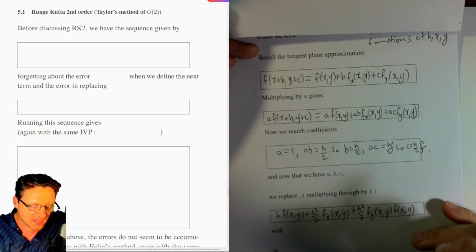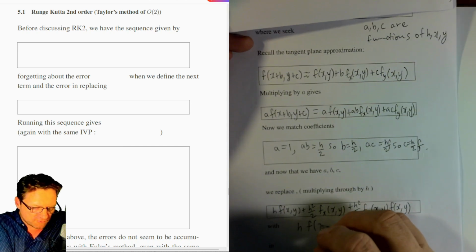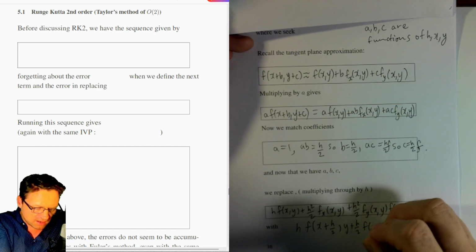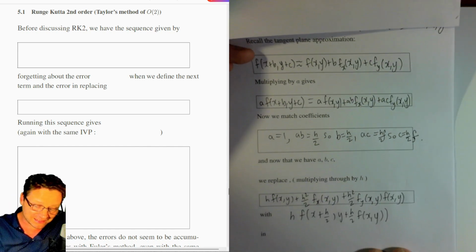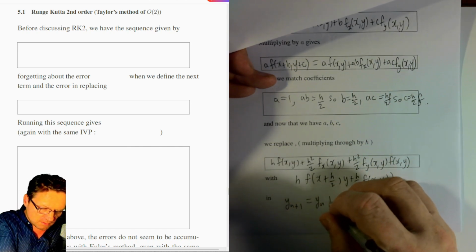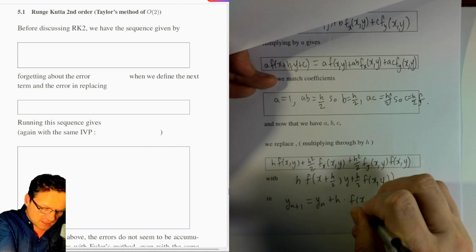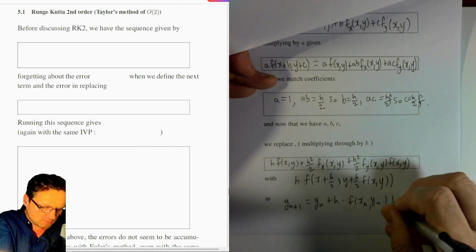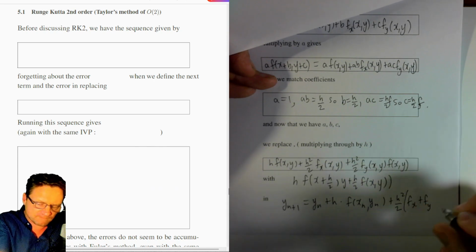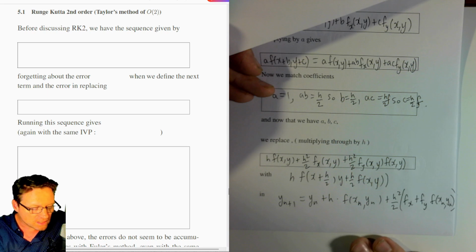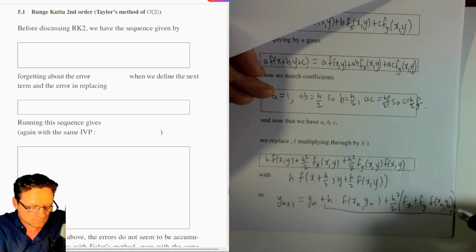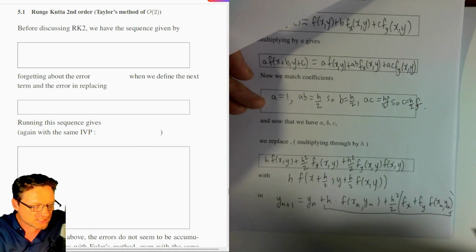We can replace that with h f(x plus h/2, y plus h/2 times f(x, y)) in this expression: y_{n+1} equals y_n plus h f(x_n, y_n) plus h²/2 times f_x plus f_y f at (x, y). Now this part of it here, this underlined part, will match this, right?